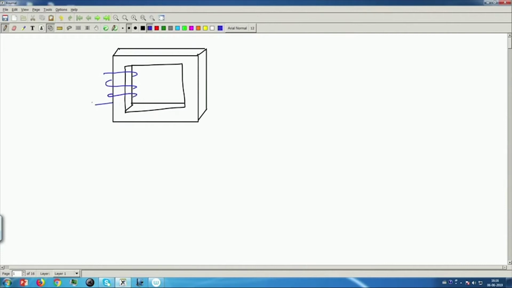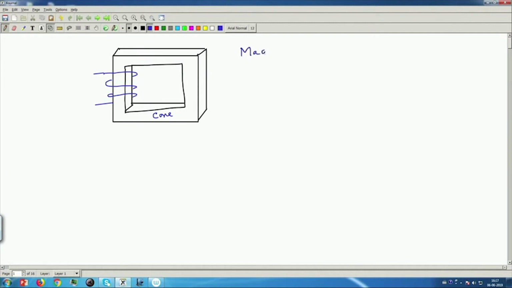When there is a single coil and there is a core material like this, then if this coil carries current, it will produce flux inside the core. So, we start with the magnetic circuit.